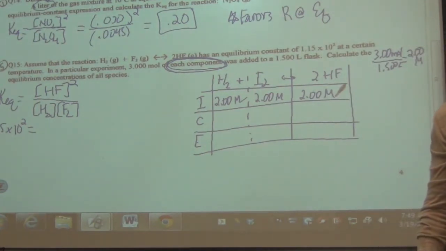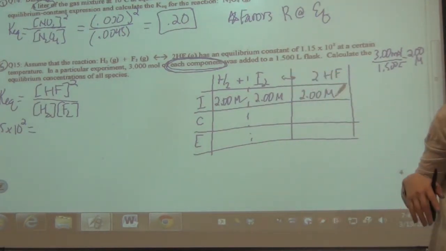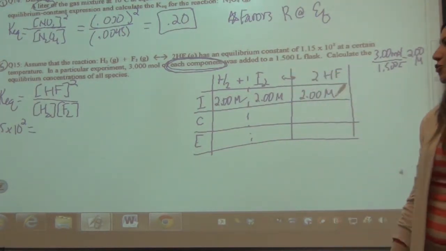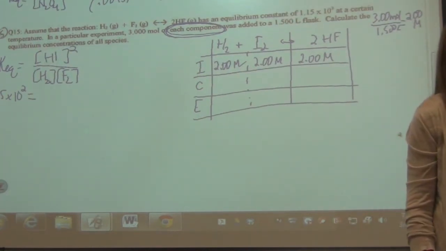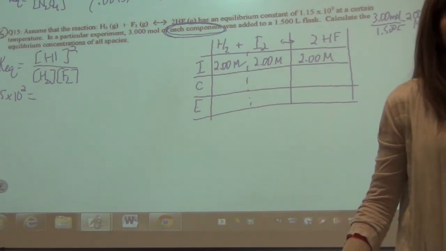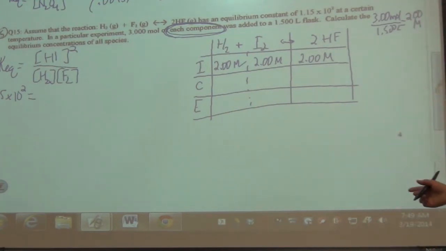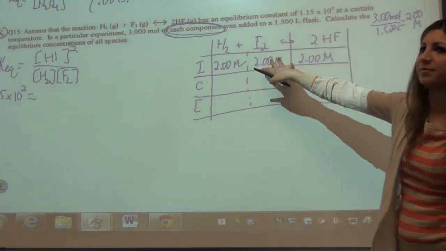Okay, good so far? All right, so the difference is before they didn't say of each one, now they're saying of each one. We don't know which direction our reaction's going to go. So what we're going to do is calculate Q, the reaction quotient. And what Q is going to do for us, actually you're going to tell me what Q does for us in just a minute here. Q looks just like K, except you're using random concentrations.